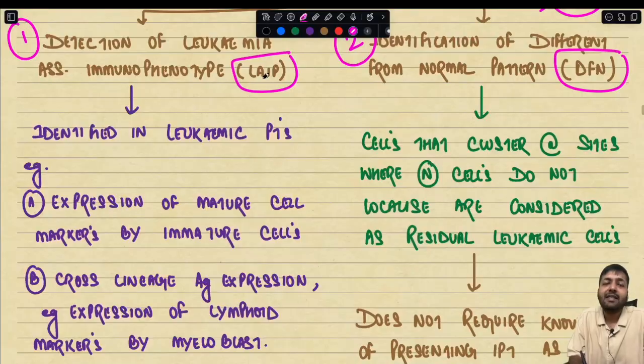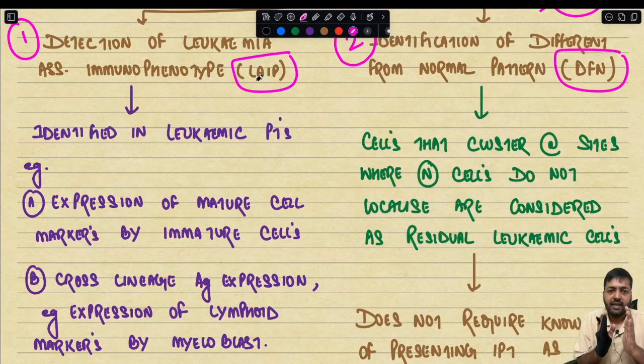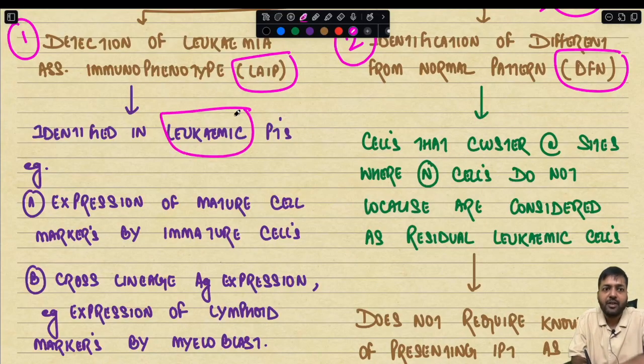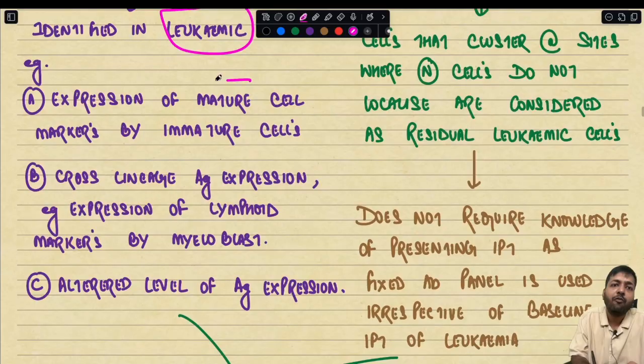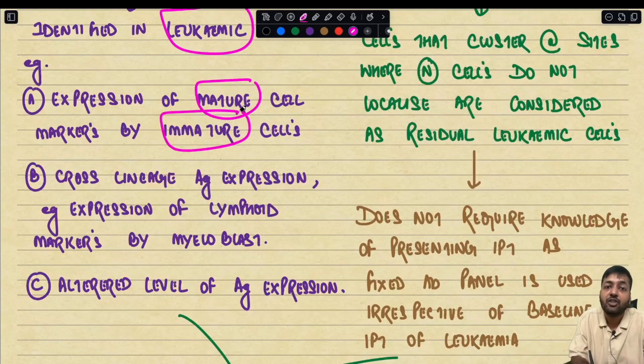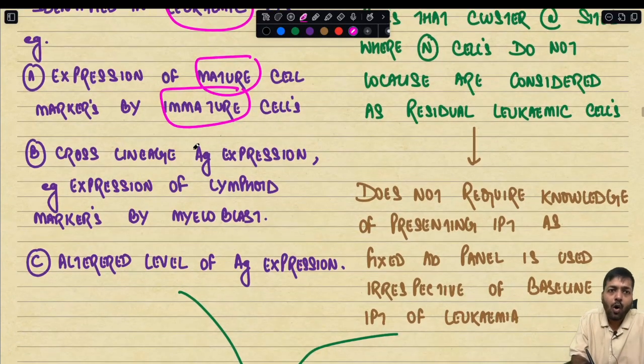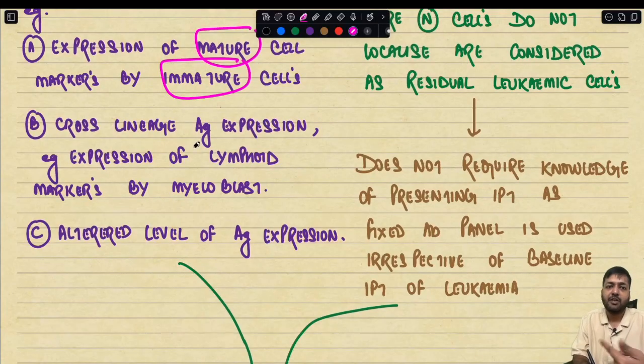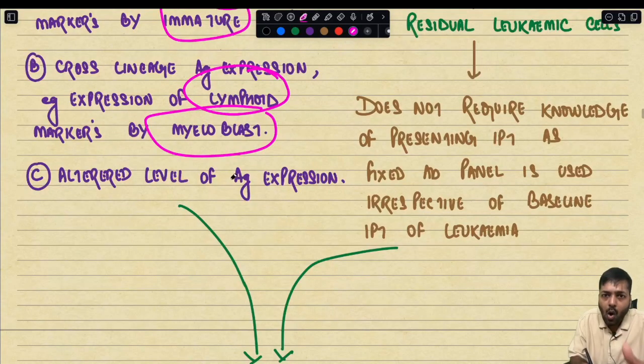So LAPE is nothing but leukemia associated immunophenotype. What I mean to say is that leukemic patients will have a very characteristic immunophenotype, which is identified in the leukemic patients. Example, expression of mature cell markers by immature cells, or cross lineage antigen expression, for example expression of lymphoid markers by myeloblasts, or altered level of antigen expression.